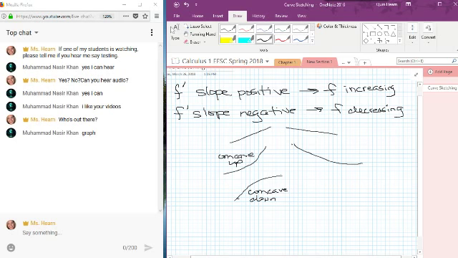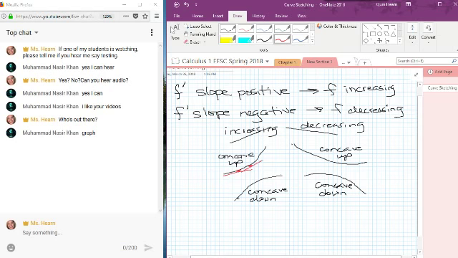The concavity is that if you were to imagine drawing tangent lines, if it's concave up, it's getting steeper, meaning the slope is getting bigger. So this is going to happen when the derivative has itself a positive slope, or in other words, when the second derivative is positive, then you're going to have a concave up scenario.